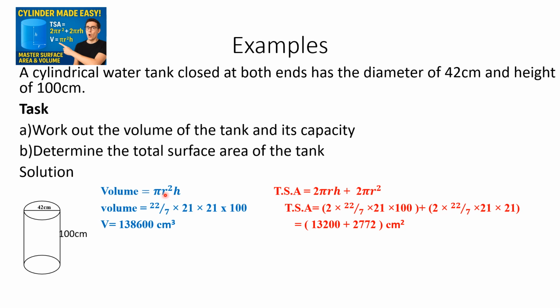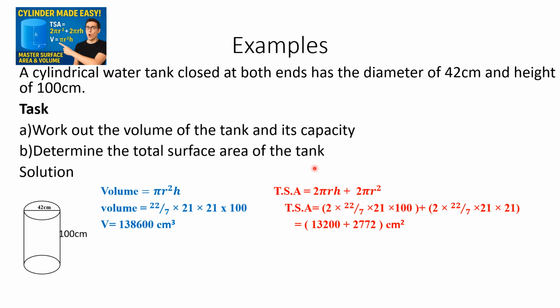R squared is not the same as r times 2, but is r times r. That's why you see me having 21 times 21, that stands for r squared. And the moment I multiply this on my calculator, I end up getting 138,600 cubic centimeters. And remember, volume is measured in cubic units.